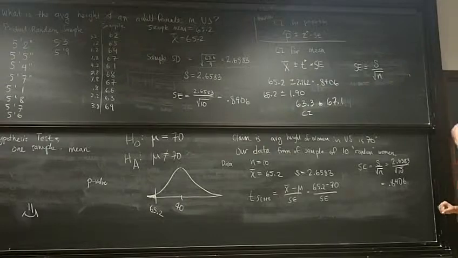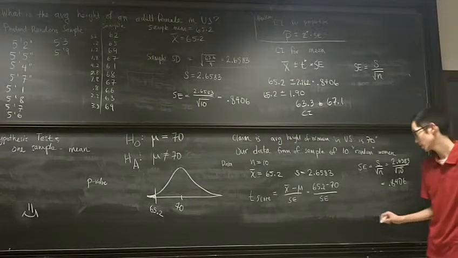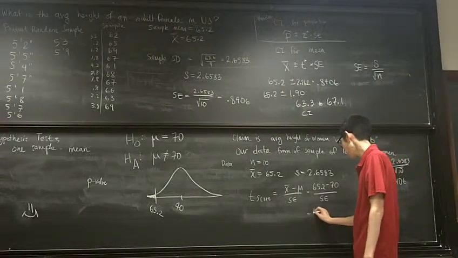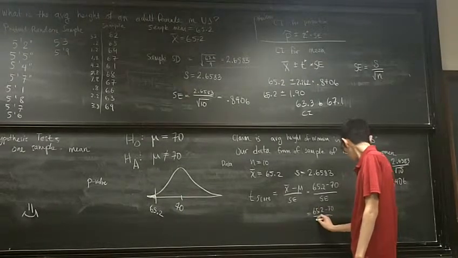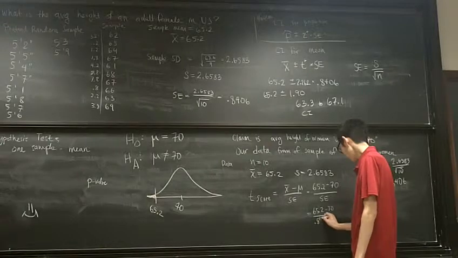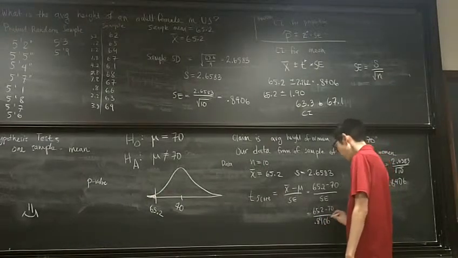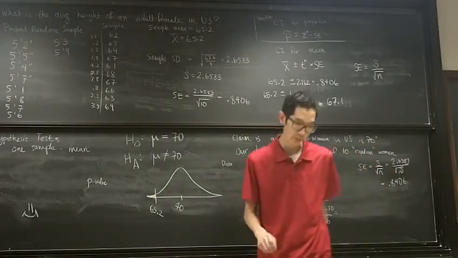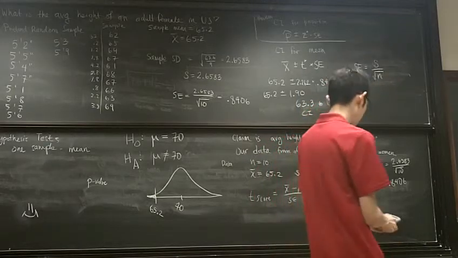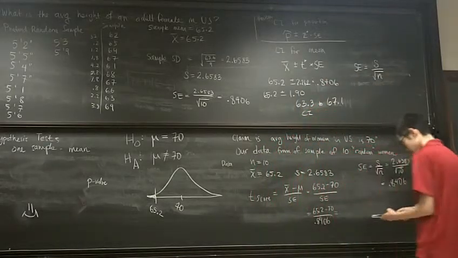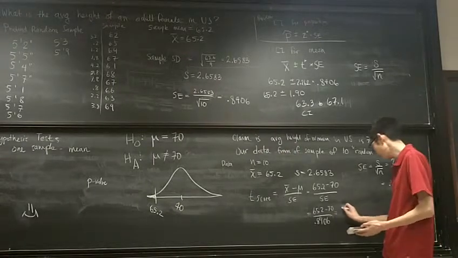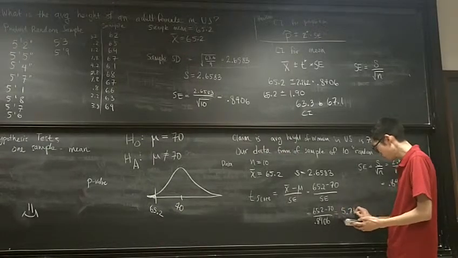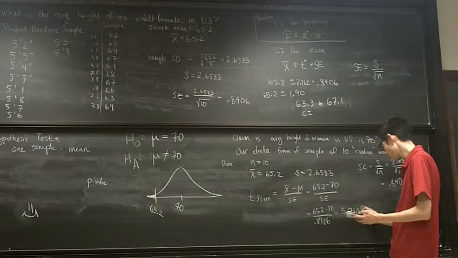So far, so good? Okay. Alright, so I have 65.2 minus 70 over 0.8406, and I get a big number. 5.7102.